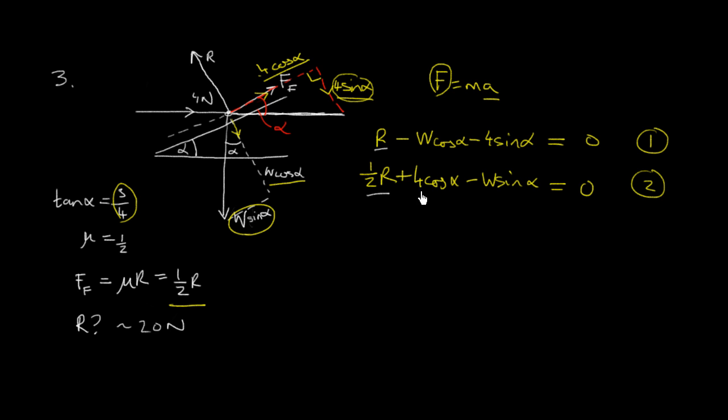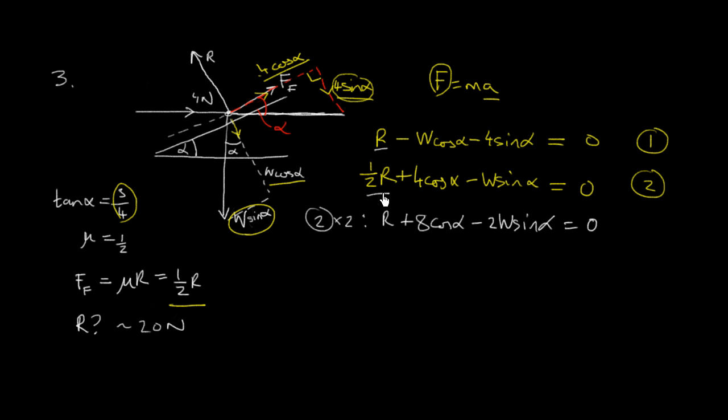Okay, so let's do that. Let's get the second equation, multiply the whole thing by 2 first. I write here equation 2 times 2. What do we get? Well, half r times 2 is r. 4 cos alpha times 2 is 8 cos alpha. This is going to be 2 W sine alpha equals 0, because 0 times 2 stays the same.